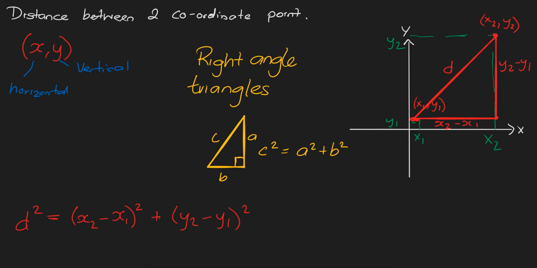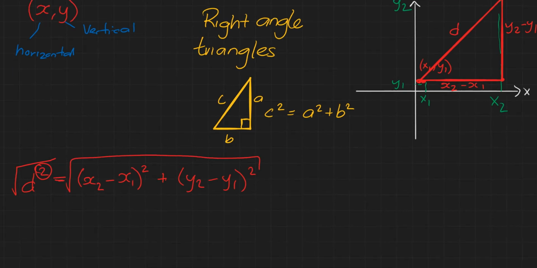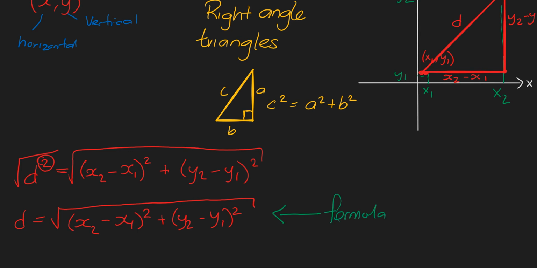Now, going back to some algebra skills, to get rid of the square over here, I have to square root this side, and therefore I have to square root the other side as well. Therefore, d equals the square root of x2 minus x1 squared plus y2 minus y1 squared. And this is the formula or equation we use to find the distance between two coordinate points.